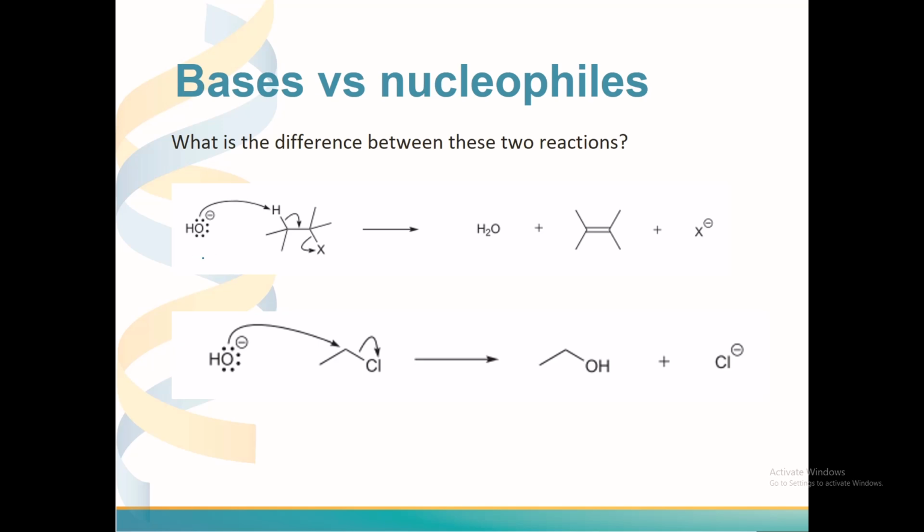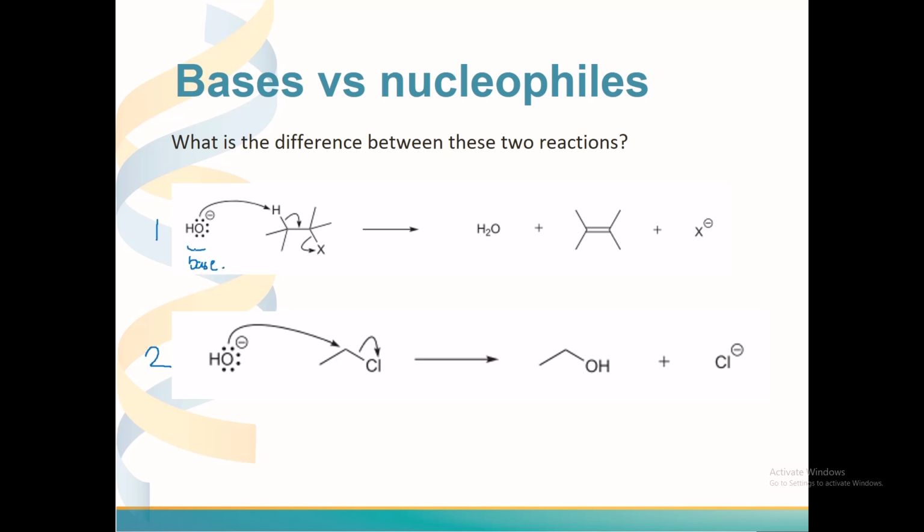So in this example, you have reaction number 1 and reaction number 2. In reaction number 1, the hydroxide ion is attacking the hydrogen ion. In this case, this is called a base.